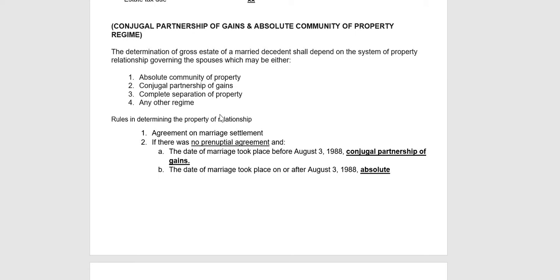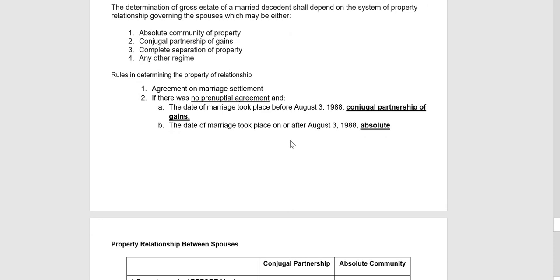So, the rule in determining the property relationship is, of course, based on the agreement, the prenup agreement, the agreement on marriage settlement. However, if there was no prenuptial agreement between the husband and wife and the marriage took place before August 3, 1988, then we have conjugal partnership of gains. However, if the marriage took place on or after August 3, 1988, then we'll be using absolute community of property.